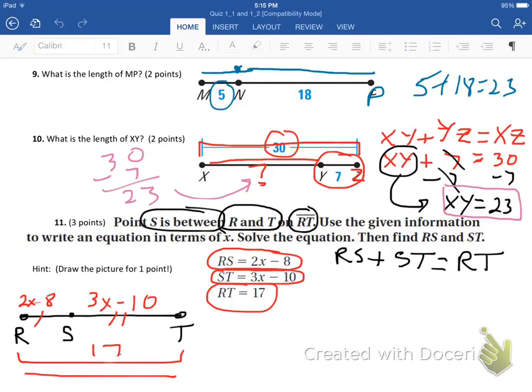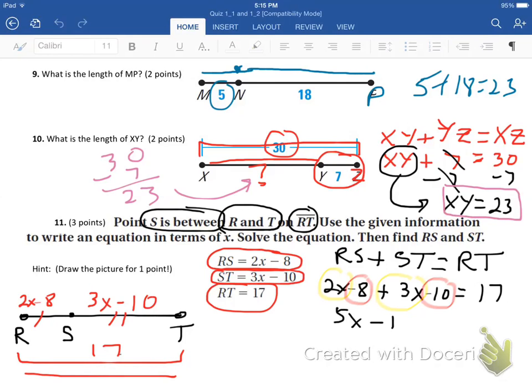And if I put the expressions in, 2x minus 8 plus ST is 3x minus 10 equals RT, which is 17. So now you just combine like terms. These two become 5x, negative 8, negative 10.